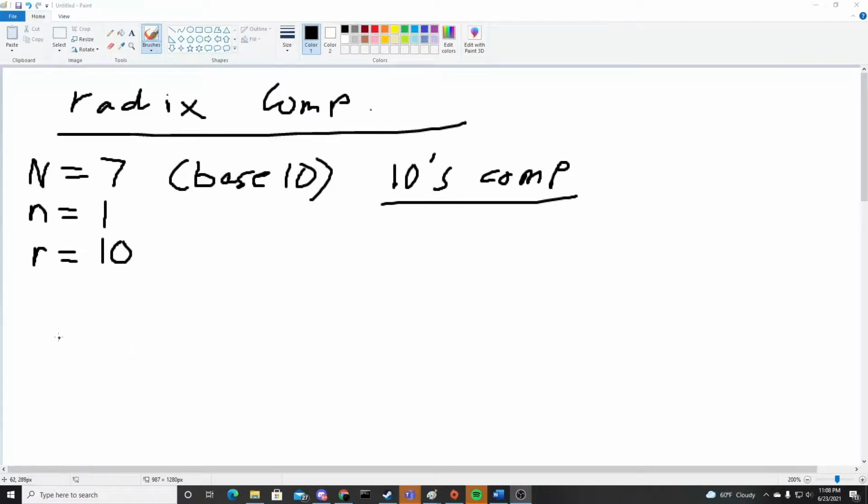Basically what we're trying to do is find a missing number, and we'll just call it x, some basic math symbol. We don't know what x is yet; that's what we're trying to find.